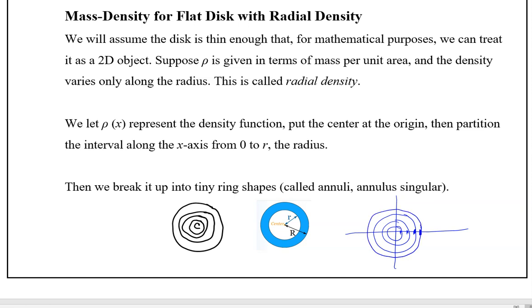This makes the calculations more simple. These ring shapes are called annuli, annulus for singular.